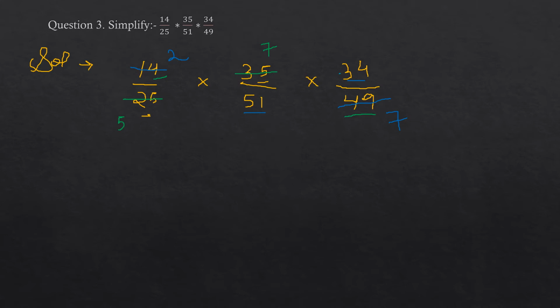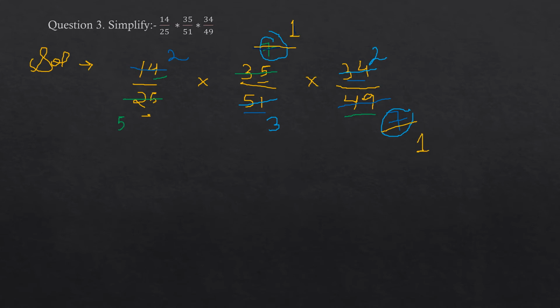Hence we will use 17 into 2 gives us 34, means 34 divided by 17 will give us 2, and here 51 divided by 17 gives us 3. Now one more thing you can see here, this is a numerator and this is a denominator and both are same, means we can reduce them also. Means 7 divided by 7 gives us 1 and 7 divided by 7 gives us 1.